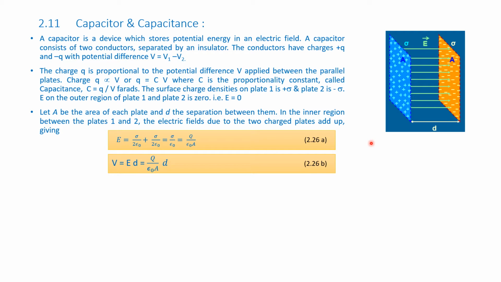From our knowledge of previous sections, we know V is equal to E into D. Substituting the value of E, we get V is equal to Q divided by epsilon naught A, multiplied by D. So the potential is Q over epsilon naught A into D. Let this be equation 2.26B.